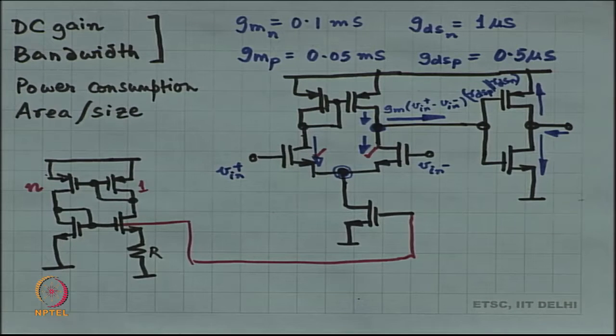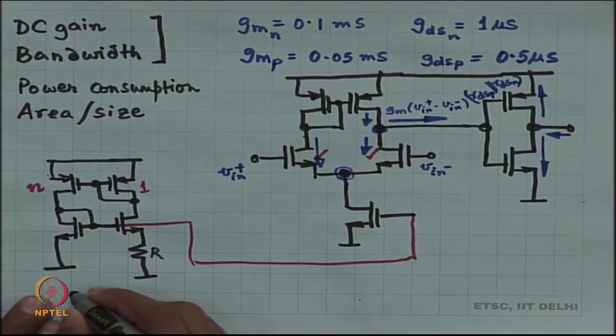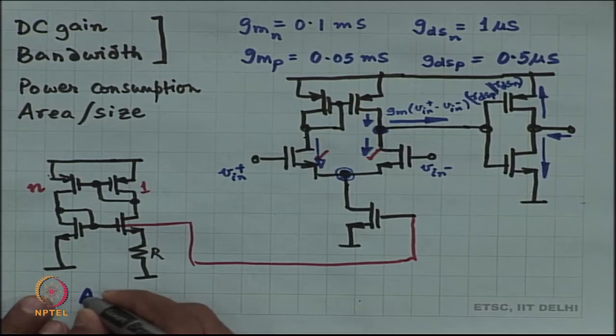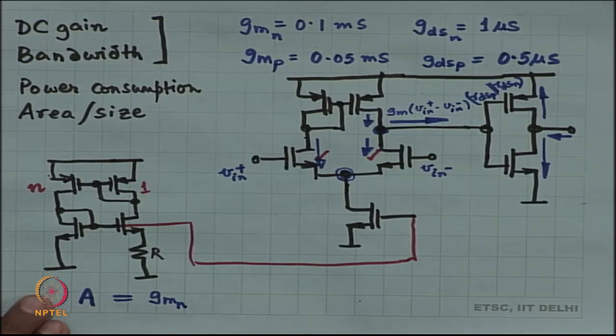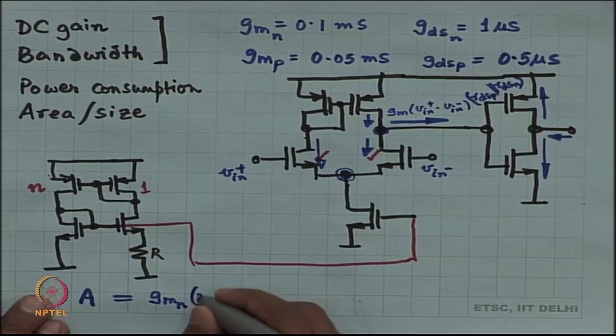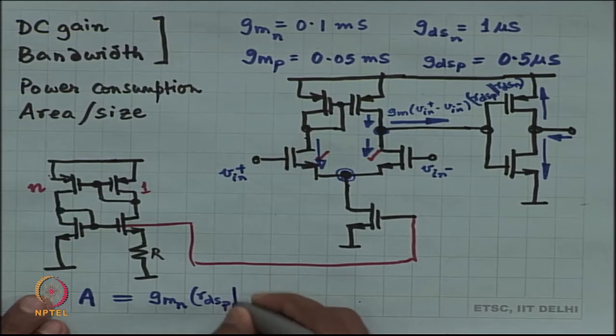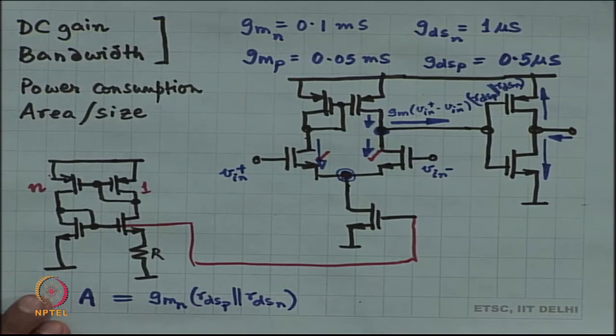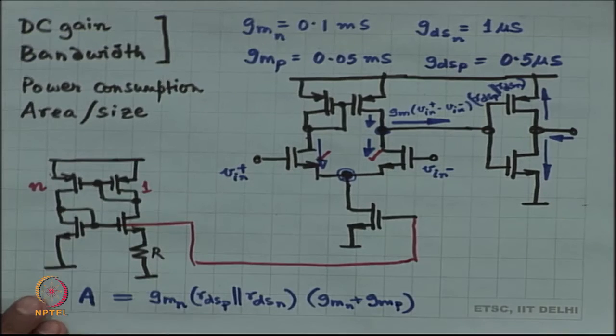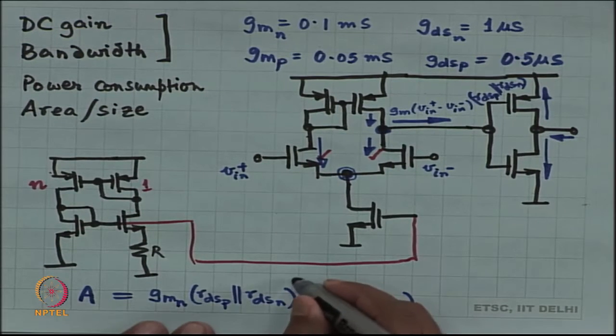Net result is going to be this, that my DC gain is going to be Gm of NMOS times RDS P parallel RDS N. This is in the first stage, and in the second stage I have Gm of NMOS plus Gm of PMOS times RDS of P in parallel with RDS of N.